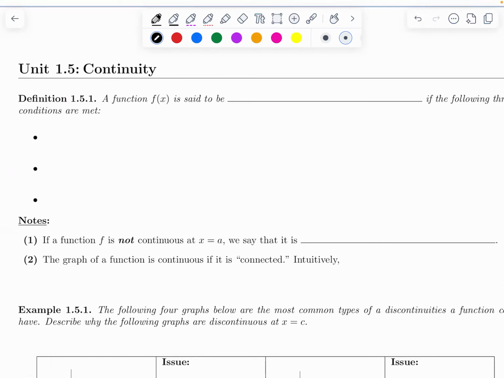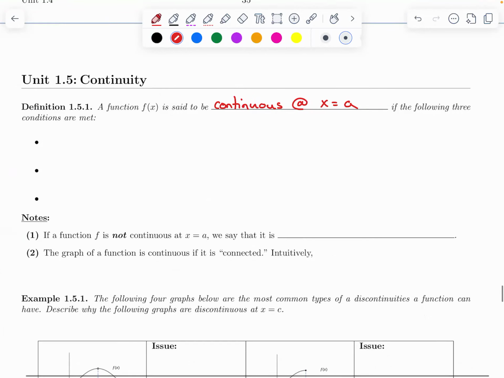The function f of x is said to be continuous at x equals a if the following 3 conditions are met. Number 1, f of a exists. You cannot be continuous unless your function exists at a value.